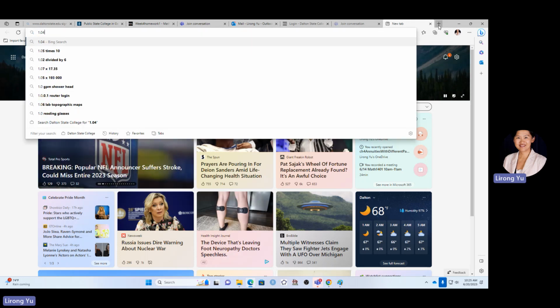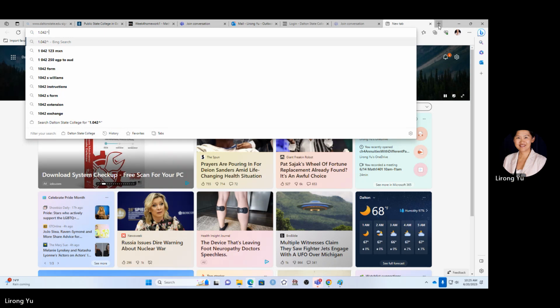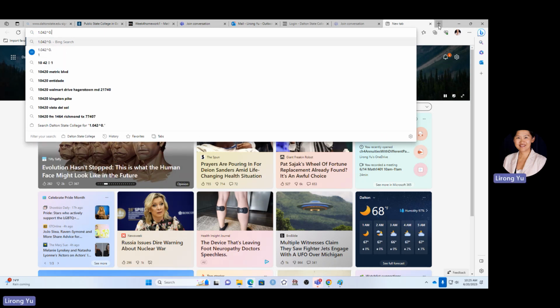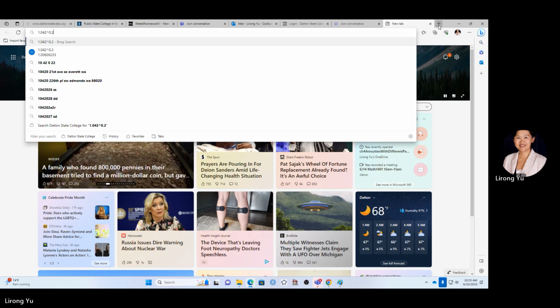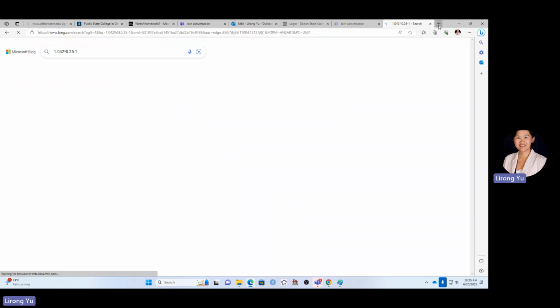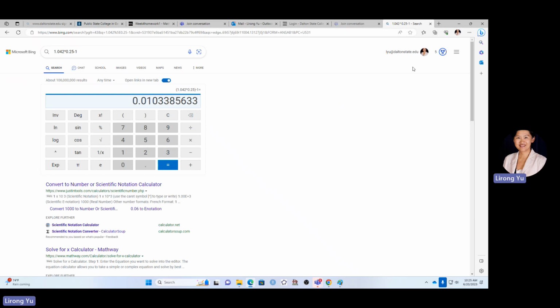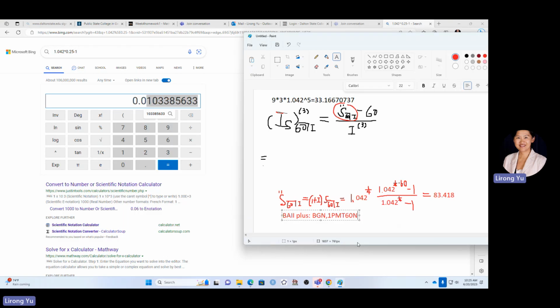So it's 1.042 to the power of 1/4, that is 0.25 as a power, minus 1. That was the interest. So I'm going to add interest as this, that you enter as your interest per payment period.